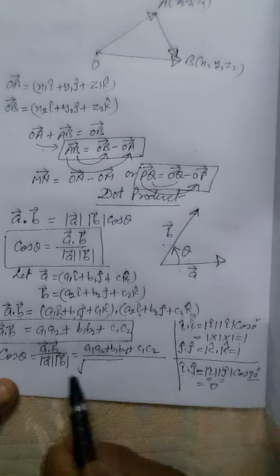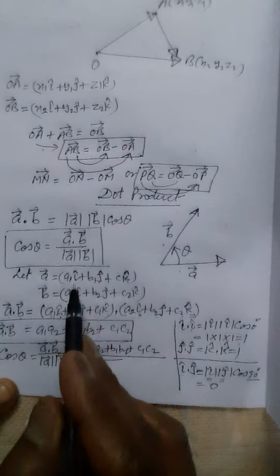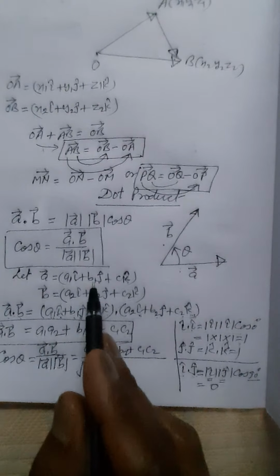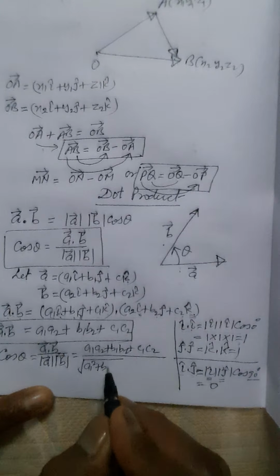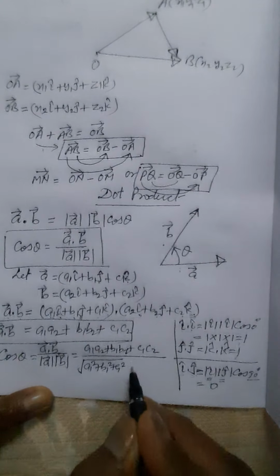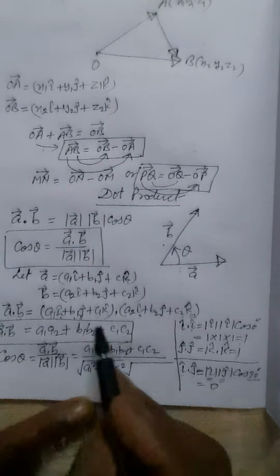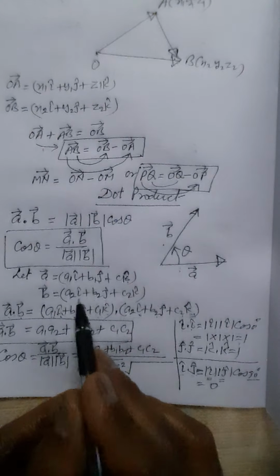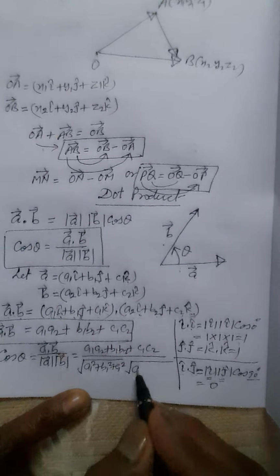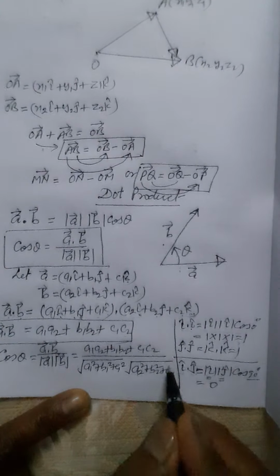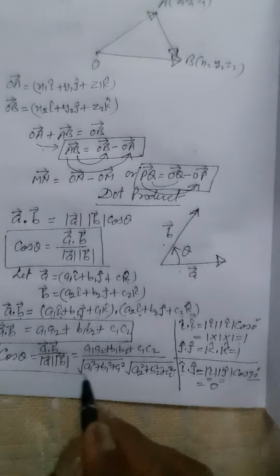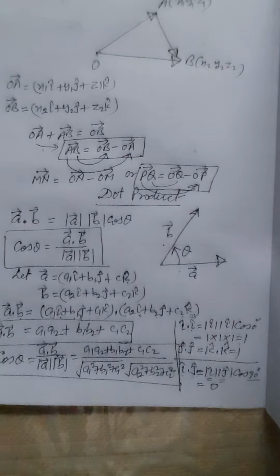Magnitude of A is root of A1 square plus B1 square plus C1 square. Similarly, magnitude of B is root of A2 square plus B2 square plus C2 square. So this is the formula which calculates the angle between two vectors.